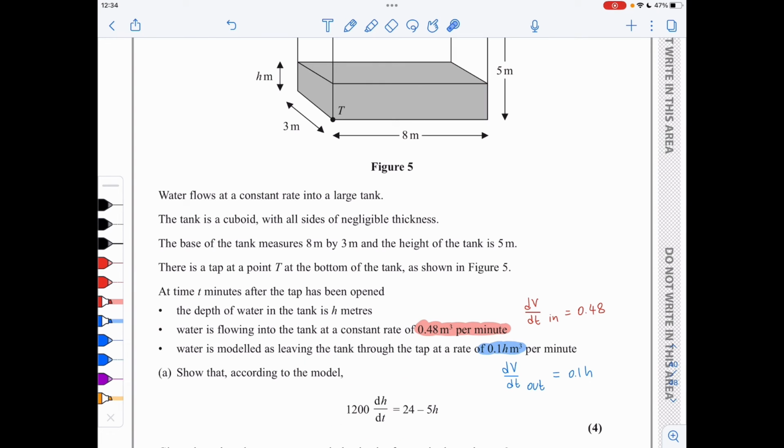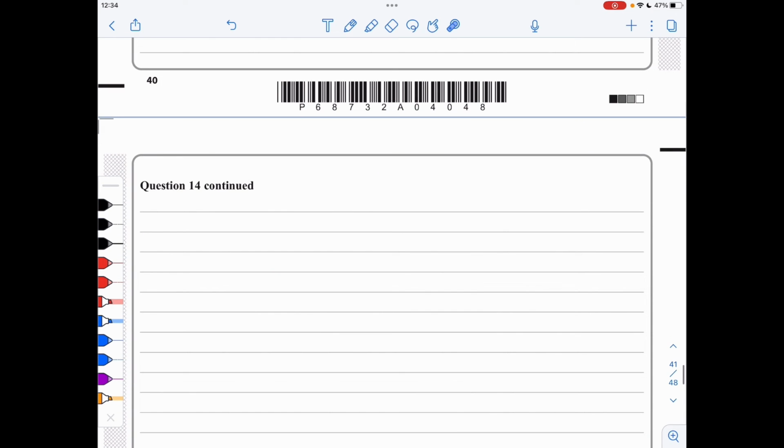So we will actually start by saying that the rate of change of volume, so dV/dt, is simply what goes in minus what goes out. At the same time, we know that the volume of this is given by the base area, which is 3 times 8, times the height, which is 24h.